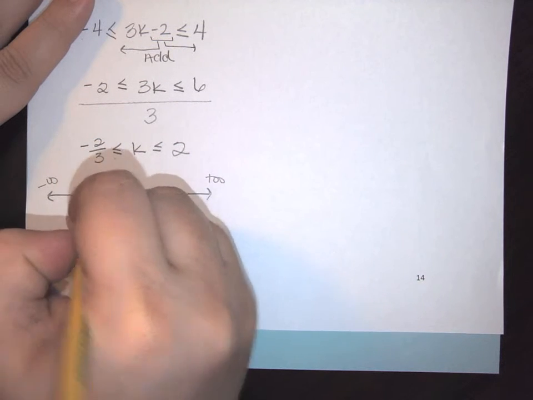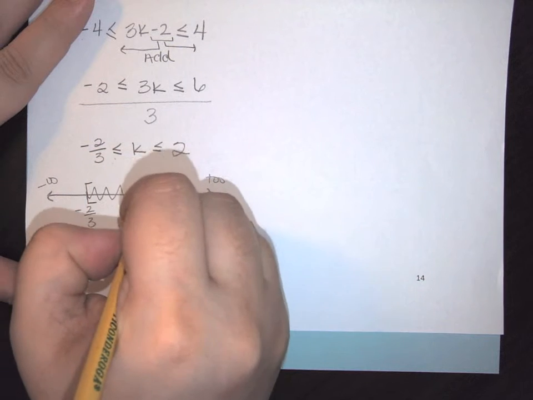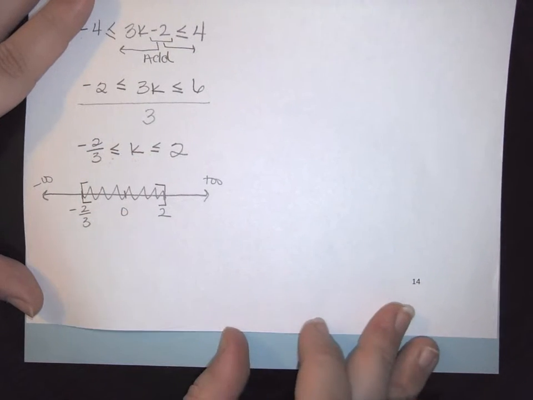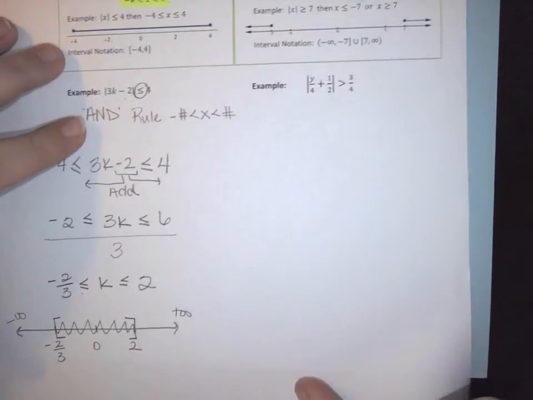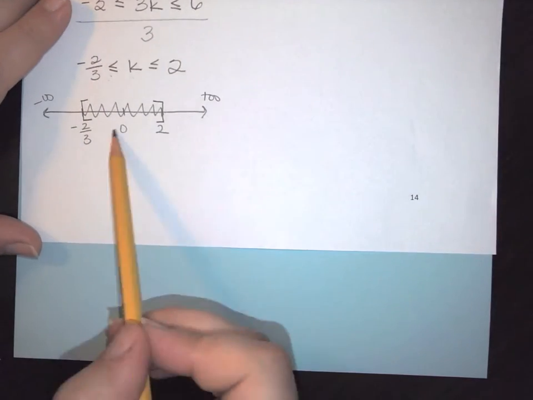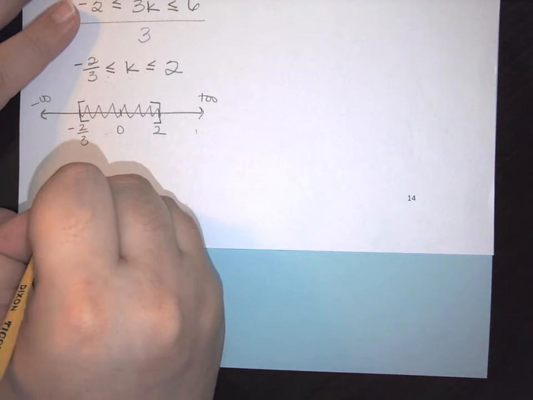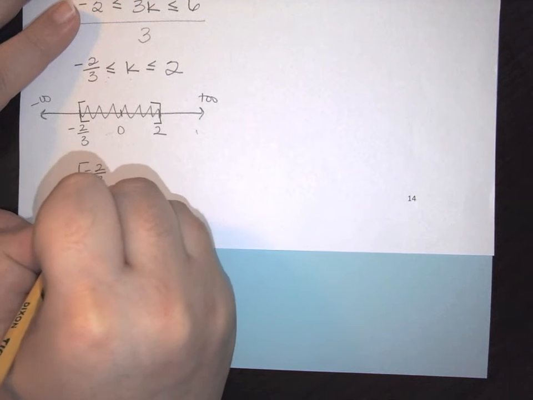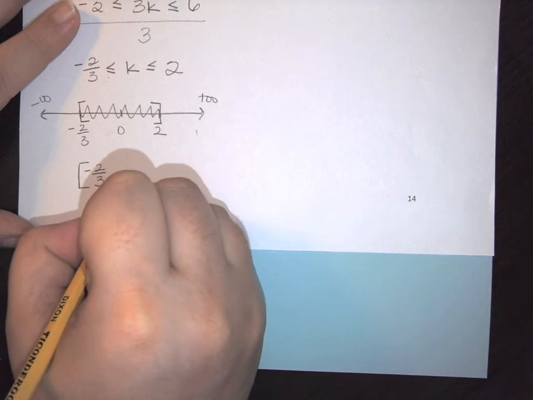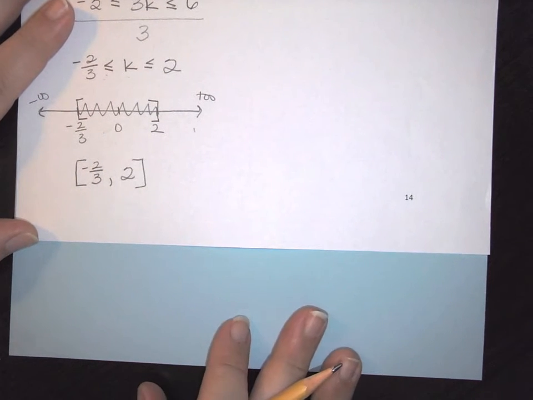So I'm going to put my brackets, and my brackets are going to face each other, and I'm going to shade everything in between. Now, that being said, I also need to write its interval notation. So again, the interval looks just like the graph. We're going to start with a bracket. We're going to put negative 2/3 there. We're going to travel up to 2, and we're going to include it with a bracket.